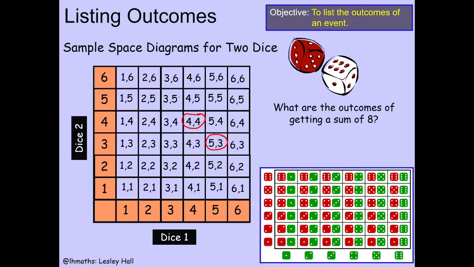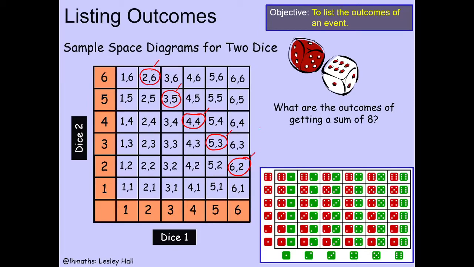Okay, what else? 2, 6. What else? 6, 2. Are there any other numbers there when added it's 8? Wala na. So what are the outcomes of getting a sum of 8? We have 2, 6, 3, 5, 4, 4, 5, 3, and 6, 2.